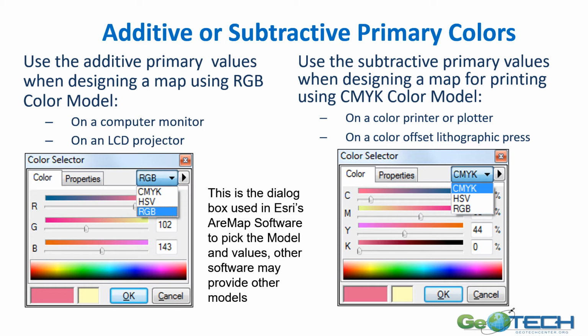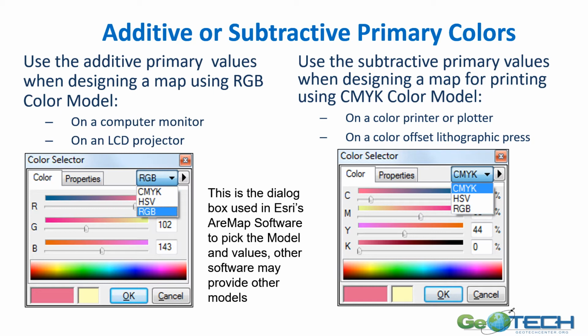So here are two examples of using those numeric values for either additive or subtractive primary colors. The additive primary colors use the RGB color model, usually used on a computer monitor or an LCD projector, and it's very interesting how often your computer monitor and an LCD projector will be quite different, even though you use the same numbers.